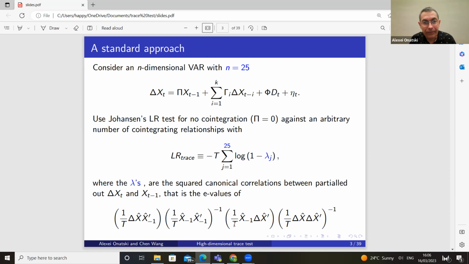If the dimensionality is 1, then this will simply be the usual squared correlation coefficient between these two random variables. But since the dimensionality is n, you have matrices instead. So this is an n by n matrix. Then take the eigenvalues of this matrix, and these are the lambdas. So that's what you would do.